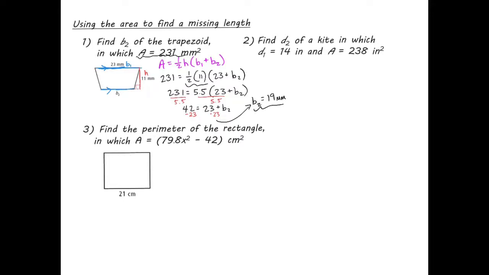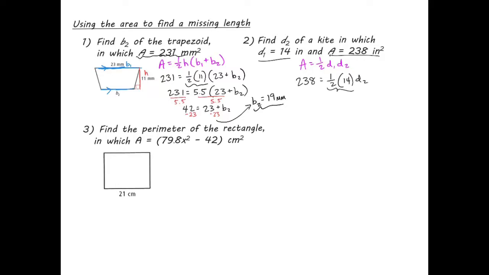All right. Now in example 2, over here, finding D2 of a kite. So start with the kite formula. It says D1 is 14 and A is 238. Cool, so let's replace what we know. A is 238, so 238 equals 1/2. And D1 is 14, so replace that D1 with 14 so we can find out what D2 is.